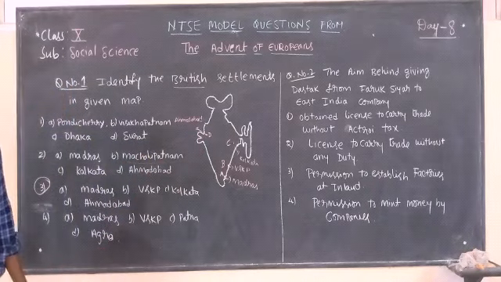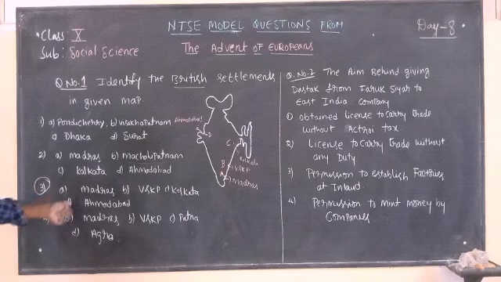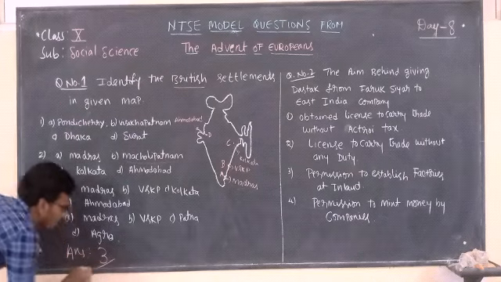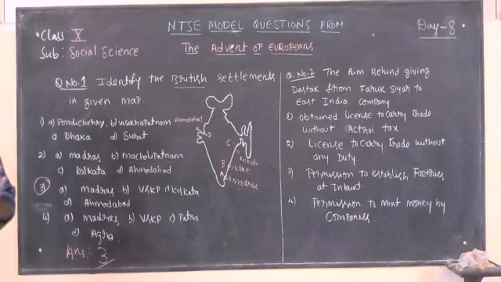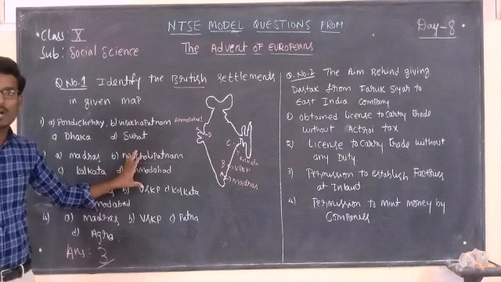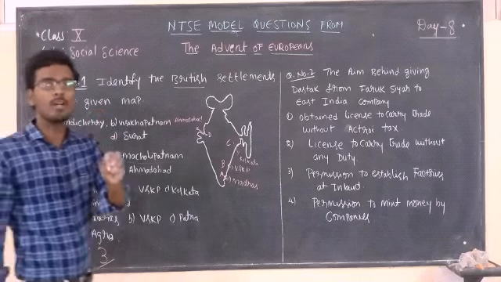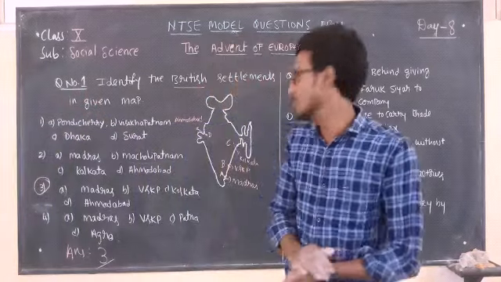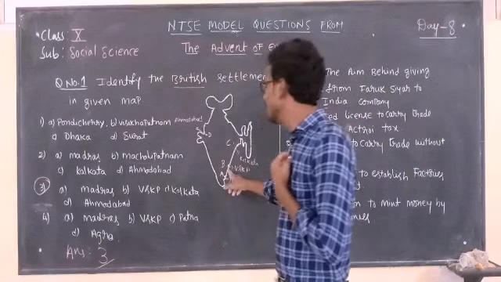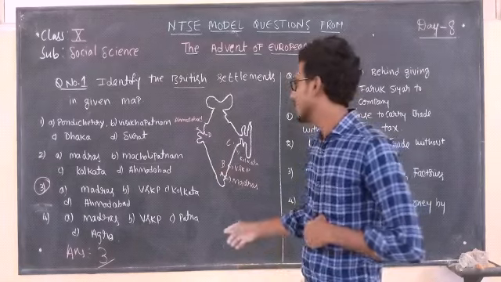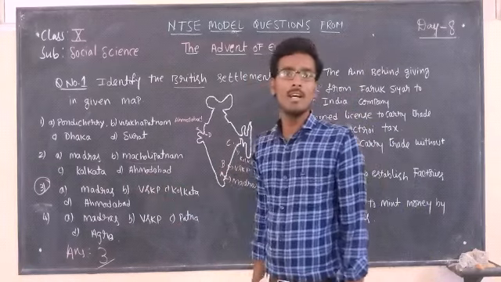So what is the right answer here? That is option 3. The third option is the right answer. So observe very closely between the second option and the third option. Why? Because all the places mentioned are important trade centers of the British only. But if you observe exactly, the exact location identified with B is Visakhapatnam. Based on that, option 3 is the right answer.